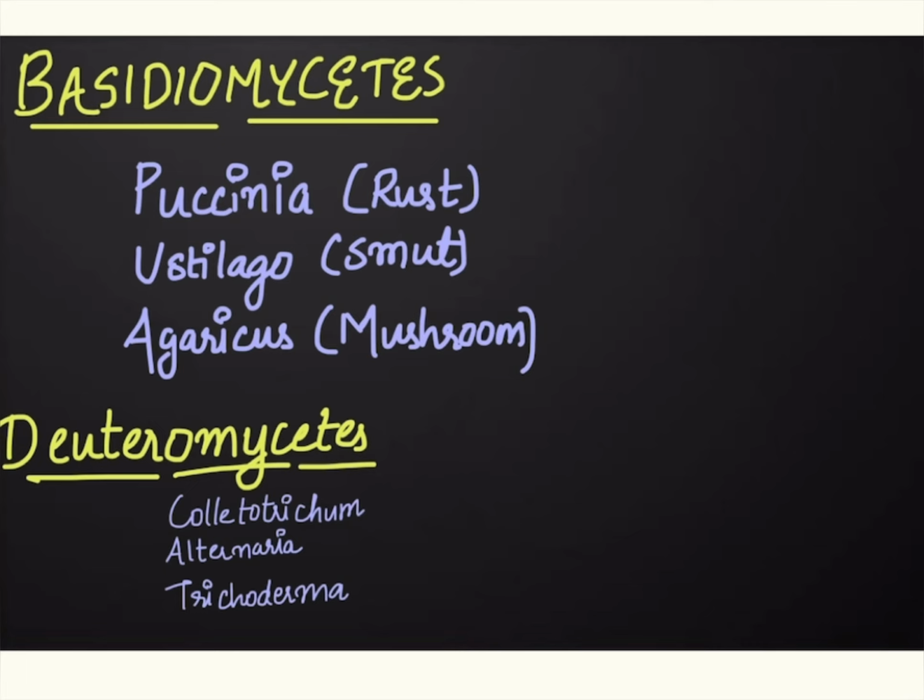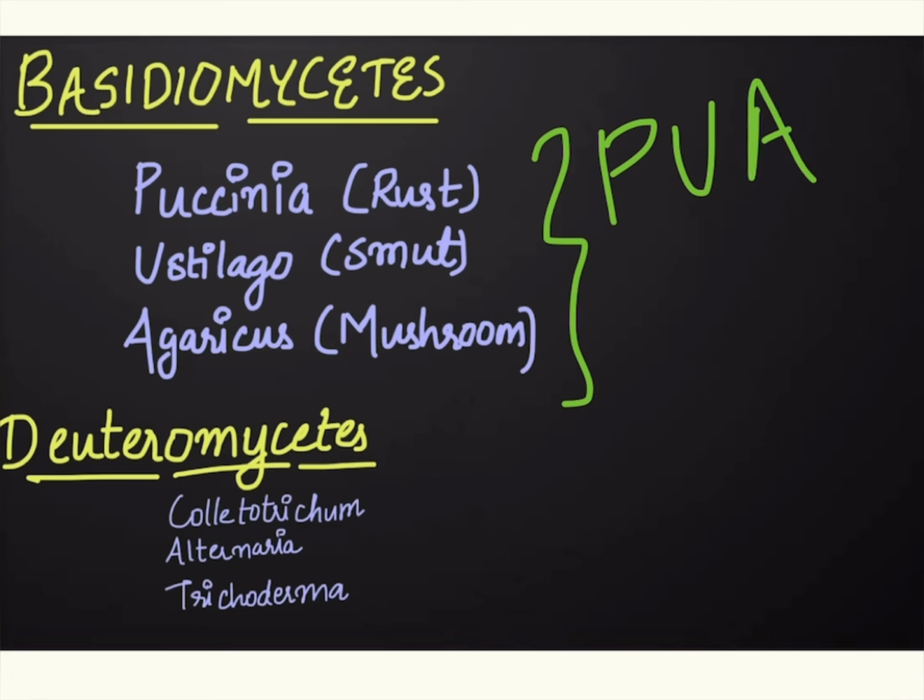And the next one is the Basidiomycetes, and the trick for the examples of Basidiomycetes is PUA. PUA is the trick, and the P stands for Puccinia. Puccinia is the rust.